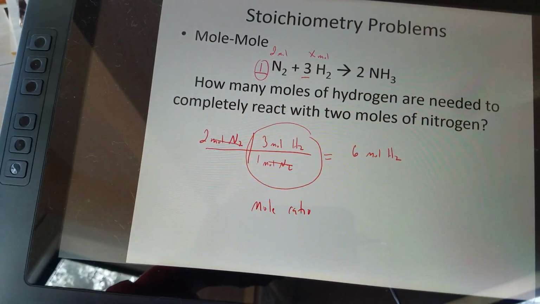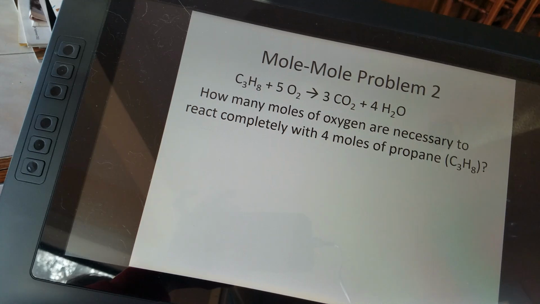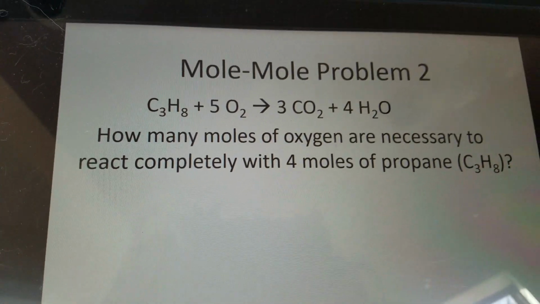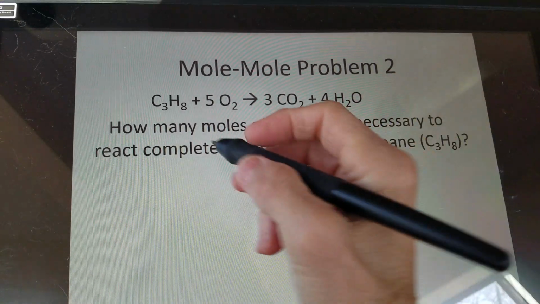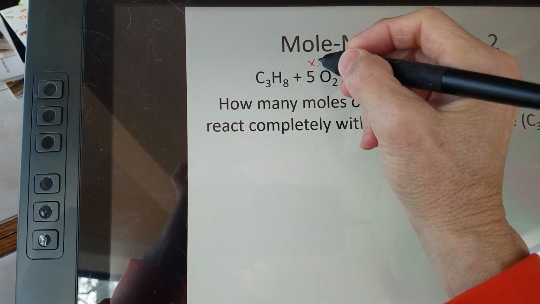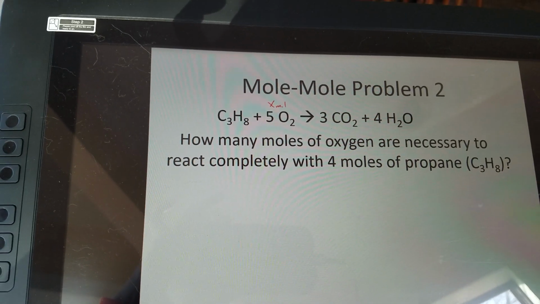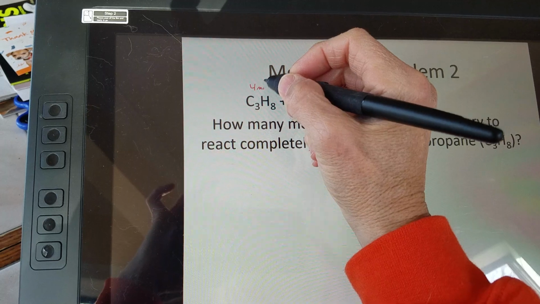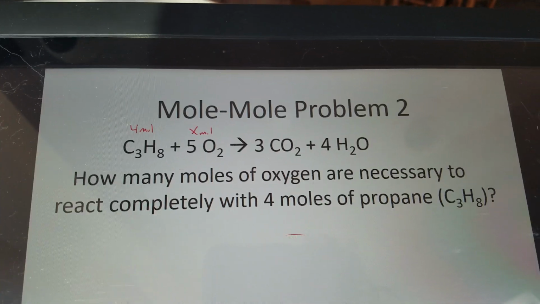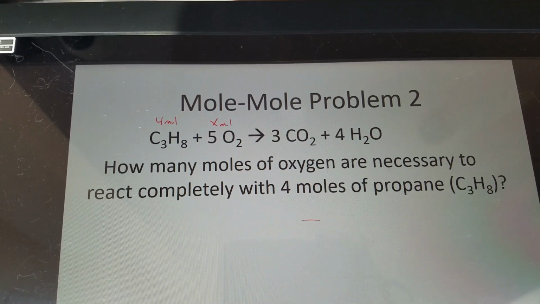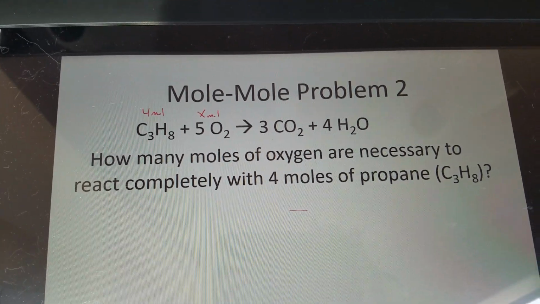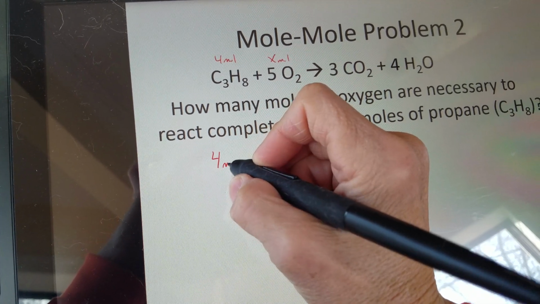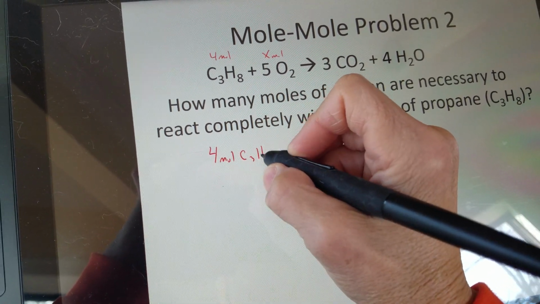So let's look at another one. This one says how many moles of oxygen, so I'm looking for X moles of oxygen, are necessary to completely react with 4 moles of propane. These just happen to be reactants, but I could have asked you how many moles of carbon dioxide would be formed. So we have 4 moles of propane.